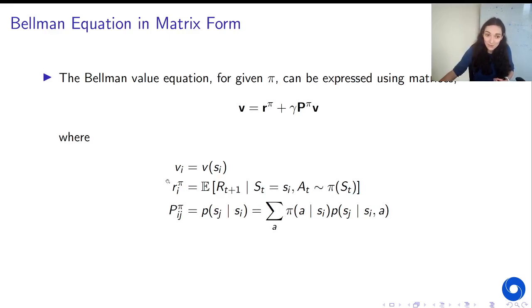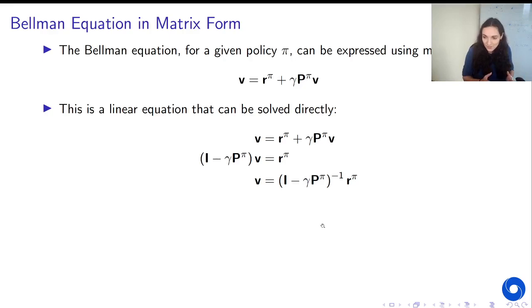And the same thing for the expected reward under policy pi. This is the expected instantaneous reward that we're going to get, considering we're starting in state Si and we behave according to an action chosen from policy pi.